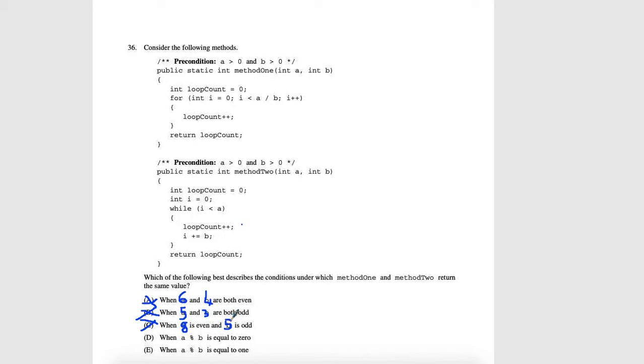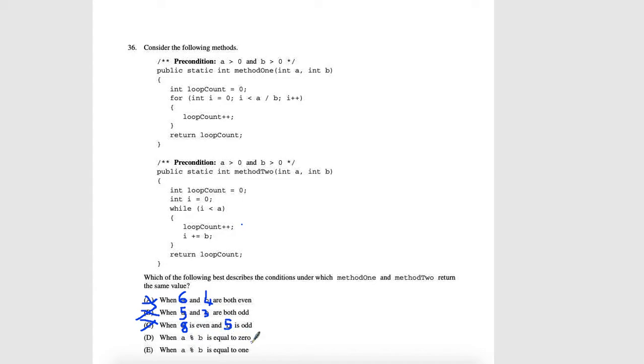It's pretty easy to see that if we do 8 divided by 5, that's going to give us 1 under integer division, so this will only run one time. But here, this will run from I equals 0 to I equals 5, so this will run twice. So that one is incorrect.